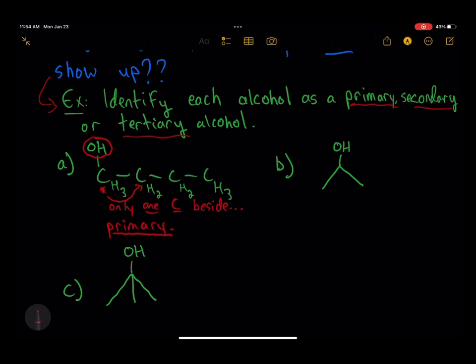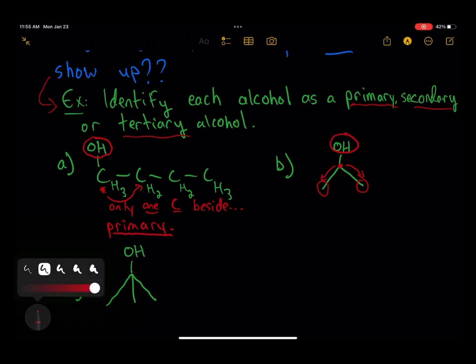Now, if I go to the second one, where I've located the hydroxyl, I can see here that it's on the second carbon. I got propan-2-ol. This carbon has two other carbons beside it. And so because it has two other carbons beside it, we're going to call this a secondary alcohol.